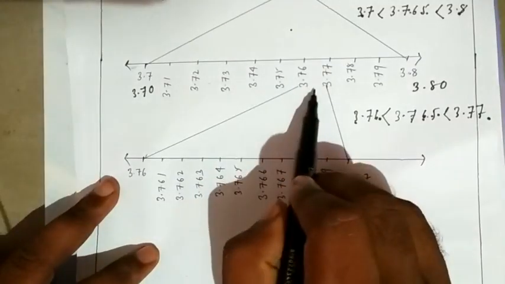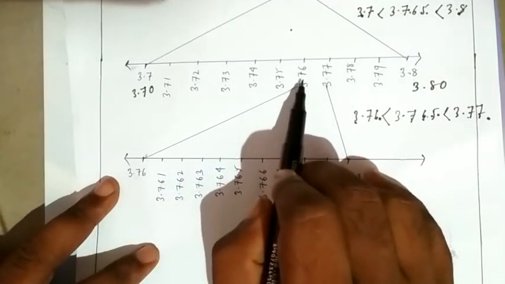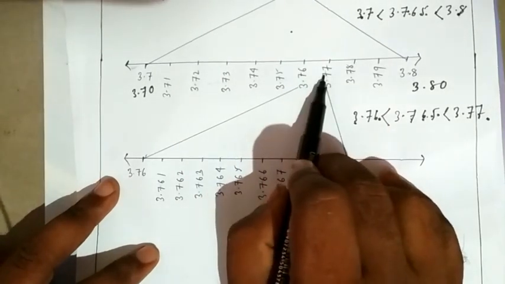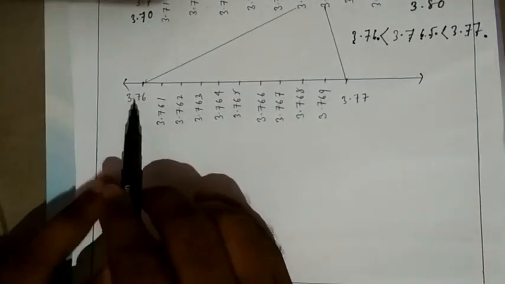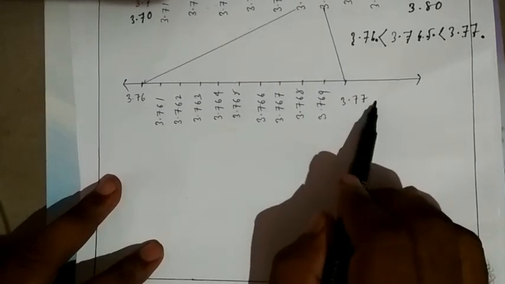So again we will give close focus at the portion between 3.76 and 3.77. Again you will get another 10 divisions in between 3.76 and 3.77.